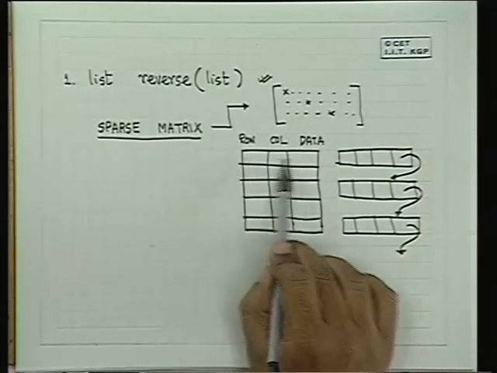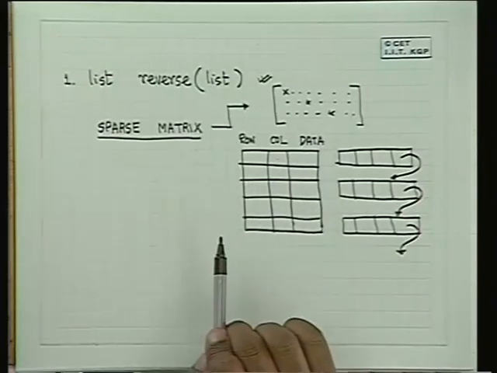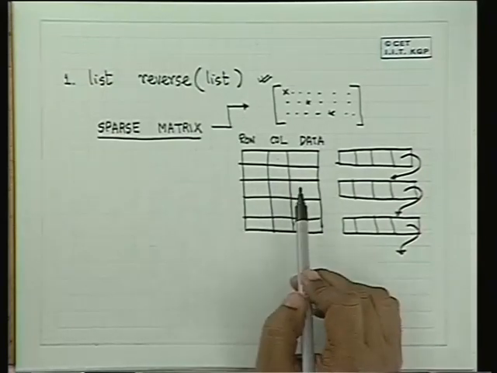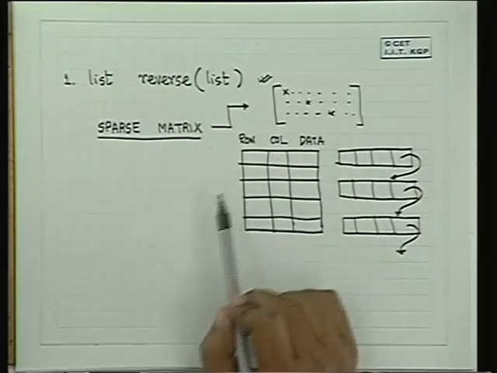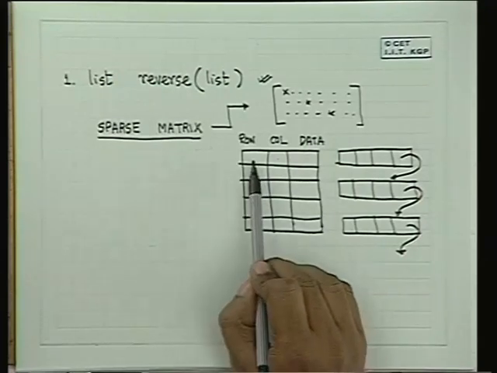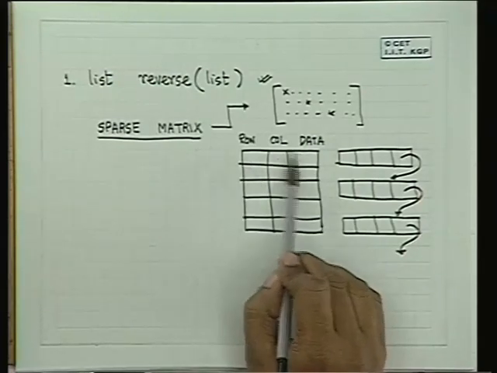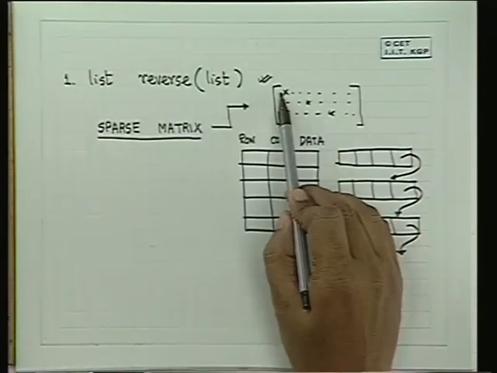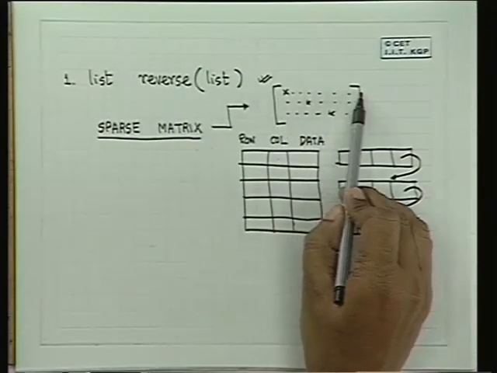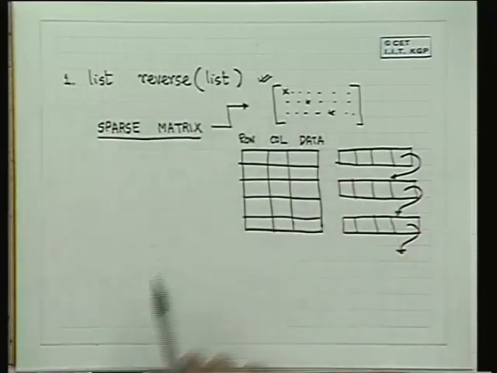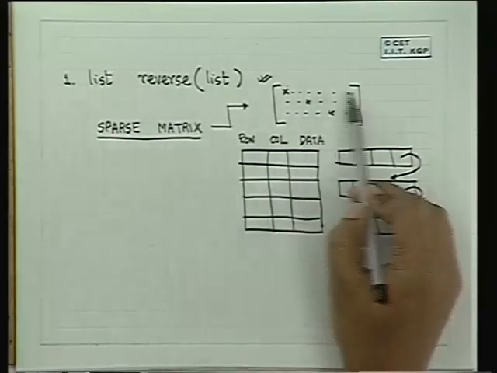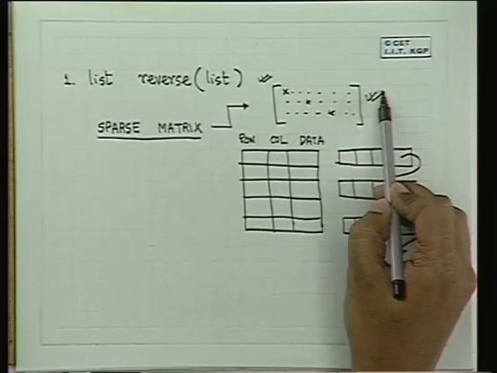But while this is a nice way of doing it for many purposes, like maybe matrix addition and other things, suppose you have a problem where you have to traverse the matrix row wise as well as column wise, then this representation would have been so nice. You can traverse it row wise and you can traverse it column wise. But this has got too much of space.